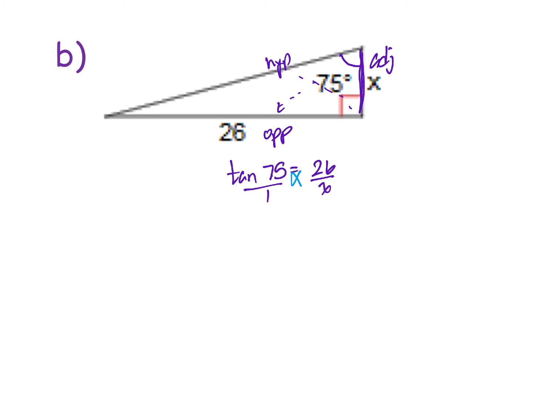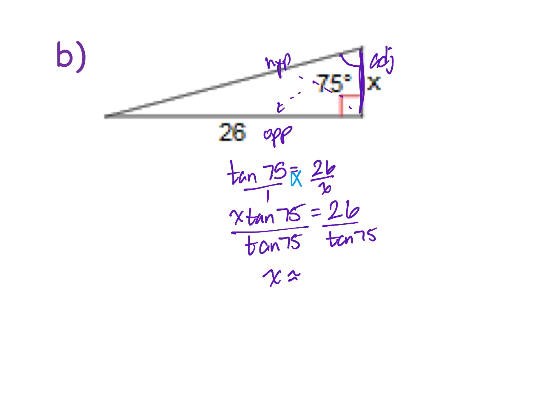Cross multiply, and I get x tangent of 75 equals 26. Divide by tangent of 75. X is approximately equal to what? 7.0. 7.0 is correct. Nice job.